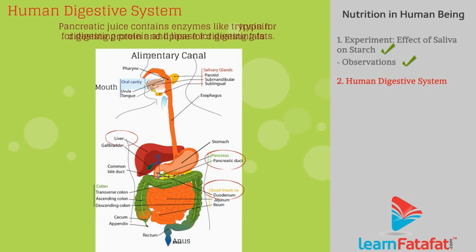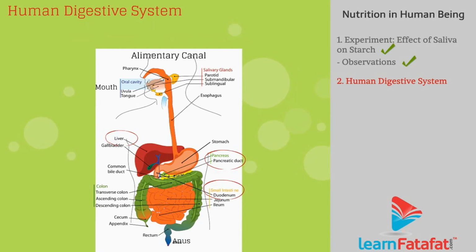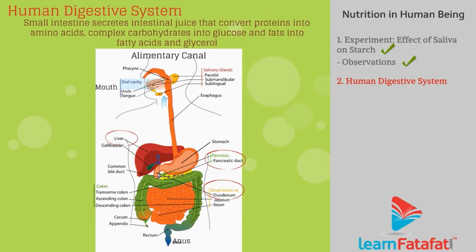Pancreatic juice contains enzymes like trypsin for digesting protein and lipase for digesting fats. The small intestine secretes intestinal juice that converts proteins into amino acids, complex carbohydrates into glucose, and fats into fatty acids and glycerol.